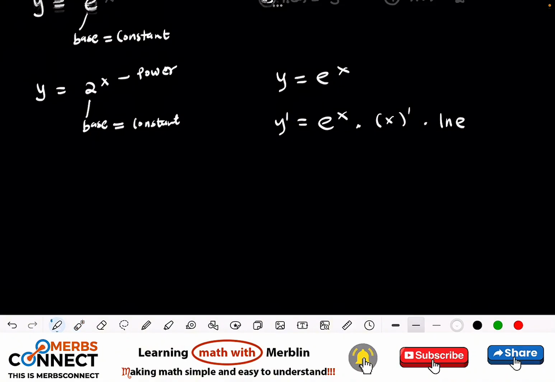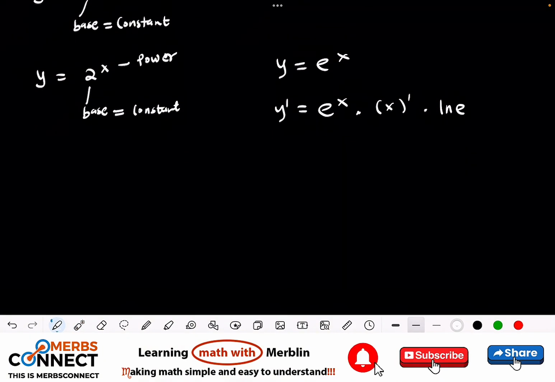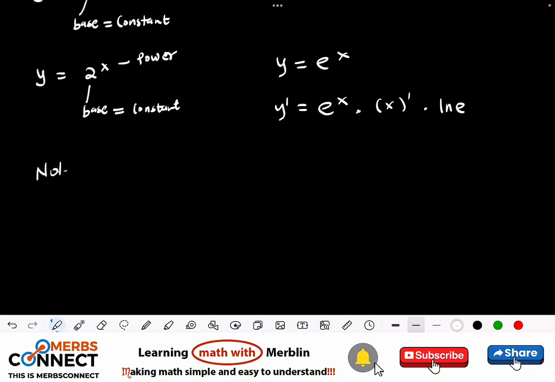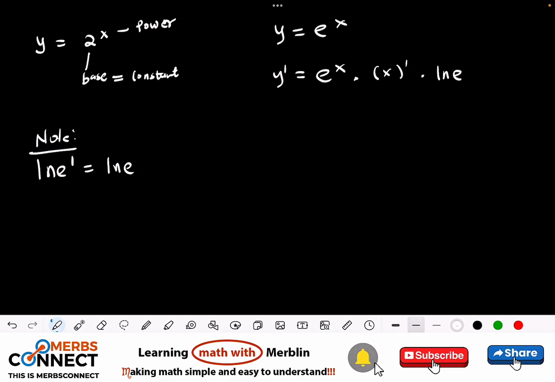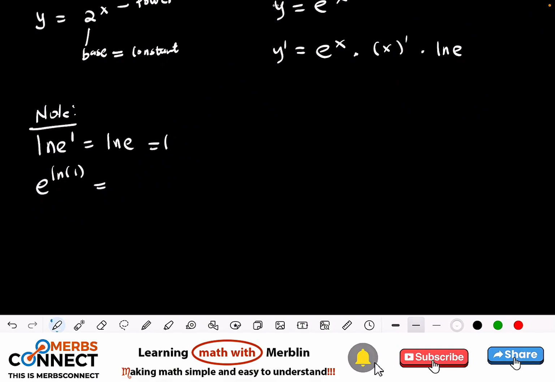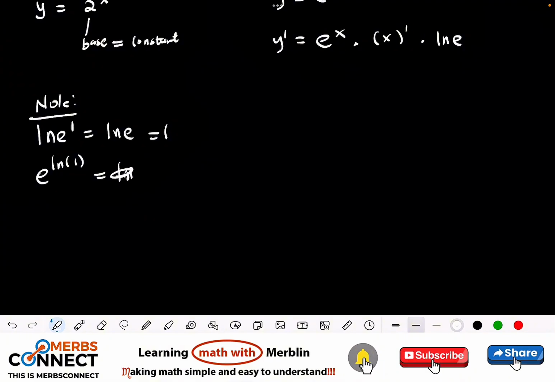Now, what you need to know is that ln of e to the power 1 is the same as this, and this is equal to 1. And then e to the power ln of 1, sorry, e to the power ln is also equal to 1, right?